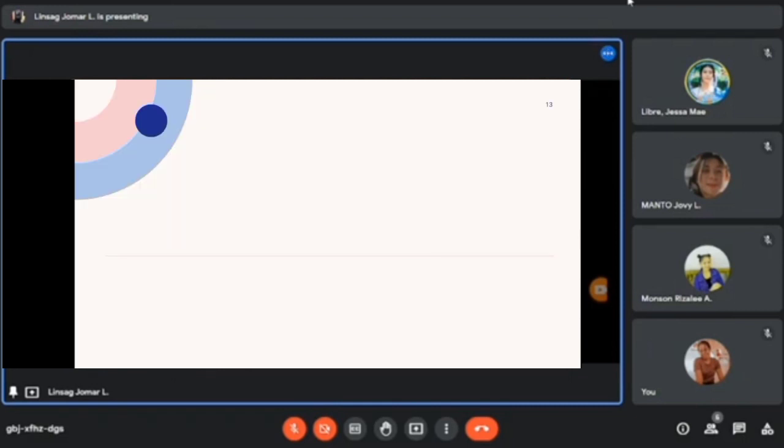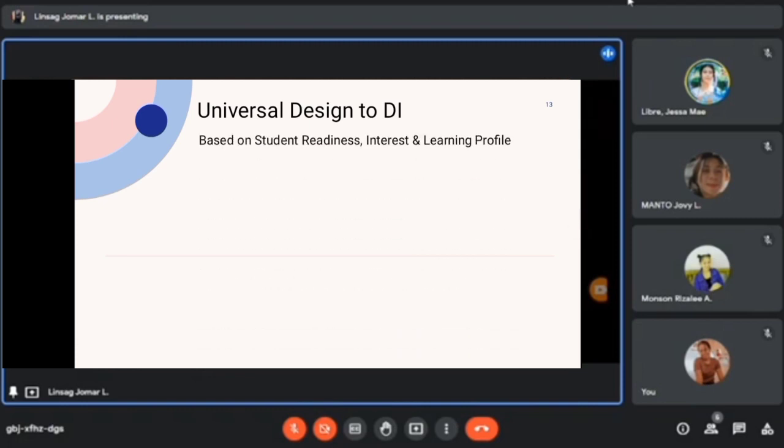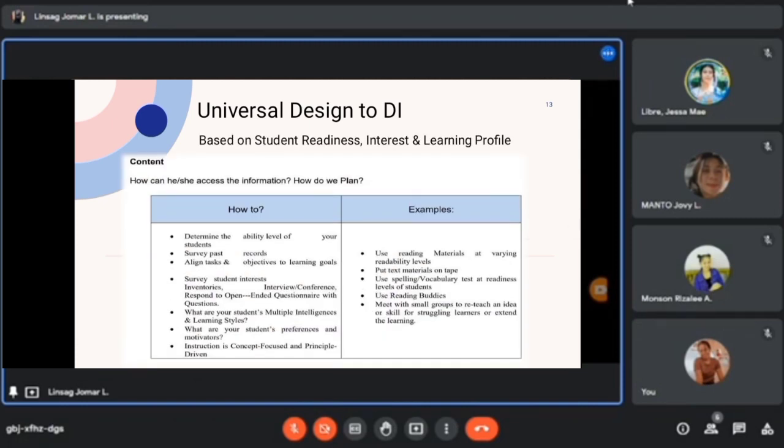Now, look into this table according to universal design to DI based on students' readiness, interest, and learning profile. How do we plan? First is to determine the ability level of your students.